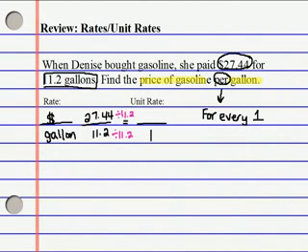We get $2.45. So for every 1 gallon of gasoline, Denise paid $2.45, or $2.45 per gallon.